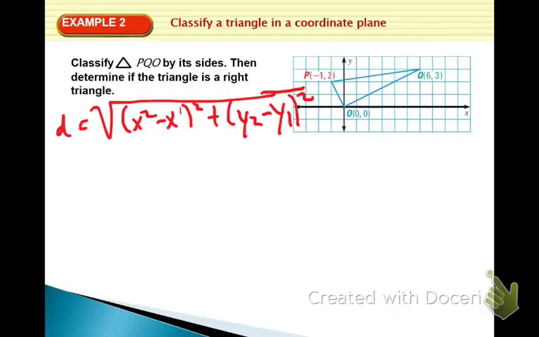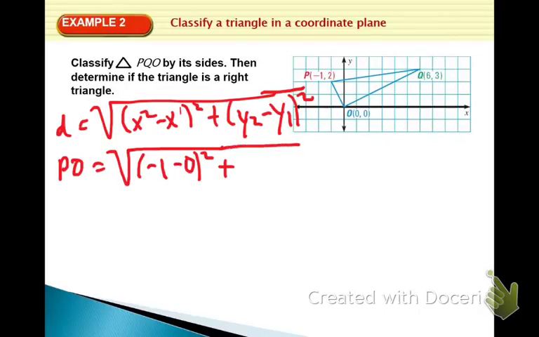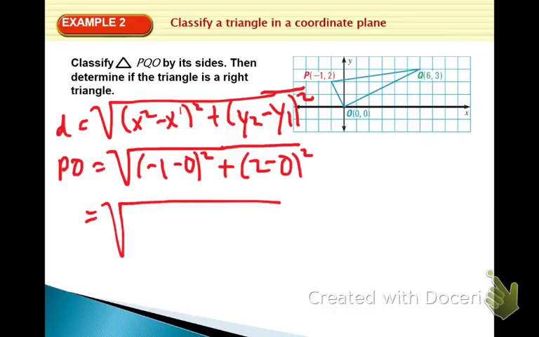So we can do from P to O. P to O would be the square root of negative 1 minus 0 squared plus 2 minus 0 squared. Then we simplify: negative 1 squared is 1, 2 squared is 4, so PO is the square root of 5.